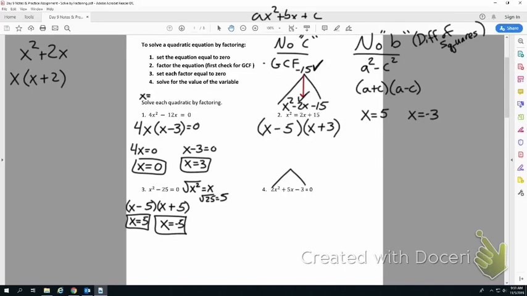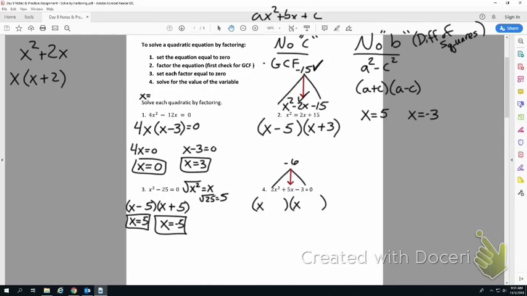Good job, Meredith. So what factors of negative 6 add up to positive 5? 3 and 2. Nope, not negative 3 and 2. 3 and 2. Nope.